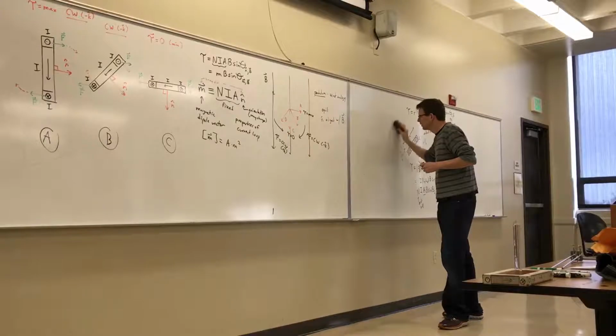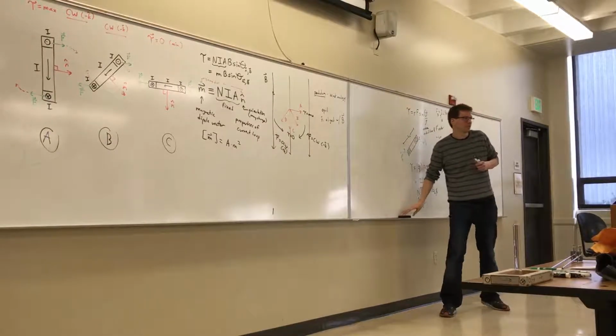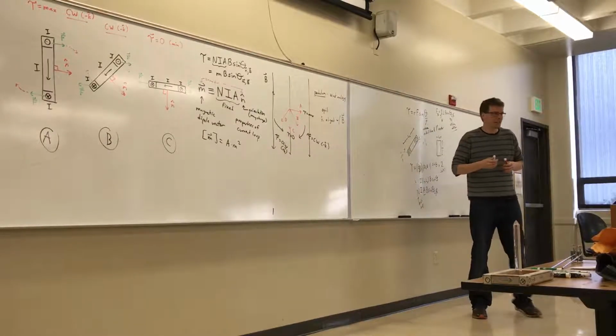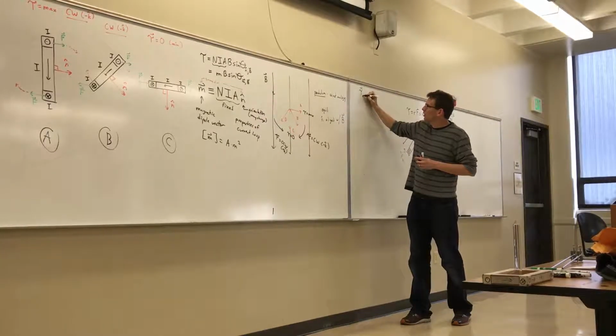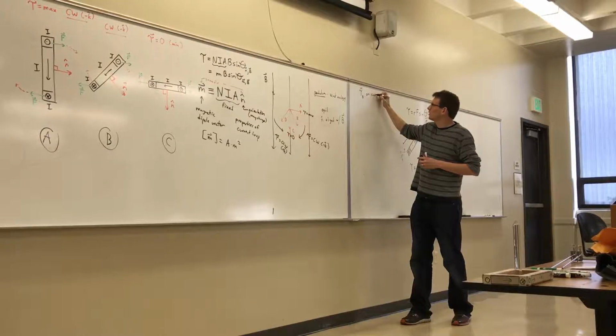What's the triple equal sign again? Defined as. So we're defining it in this way. So we are ready to write down the magnetic torque on a current loop.